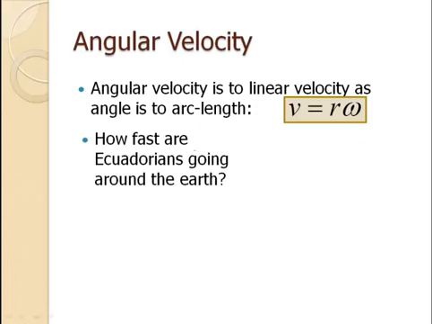How about some questions? Let's consider how fast we're moving as the Earth is rotating, specifically some Ecuadorians who live right on the equator. How fast are they moving? Even though there is this formula up here of v equals r omega, I honestly will answer these sorts of questions using unit conversion techniques, just like we did before. I'm going to start with the speed that we know.